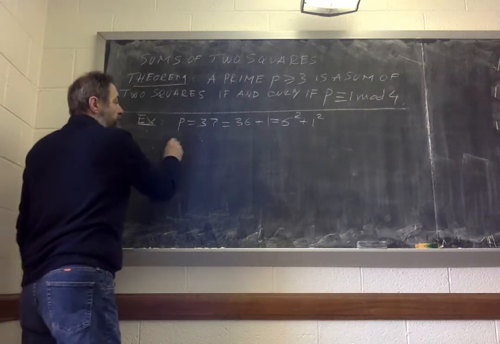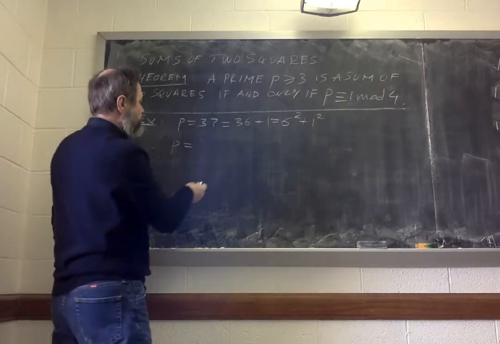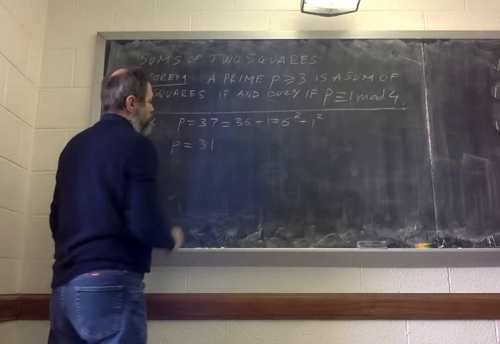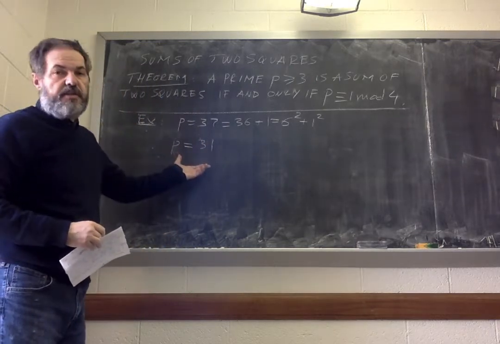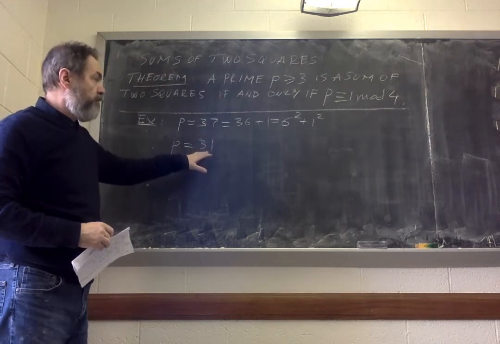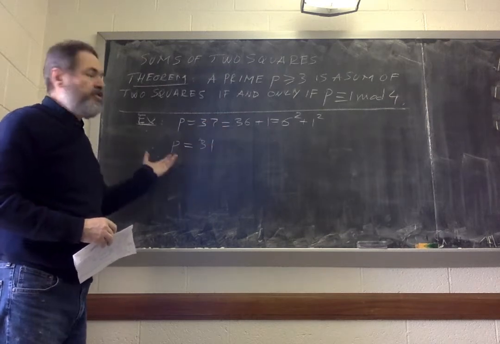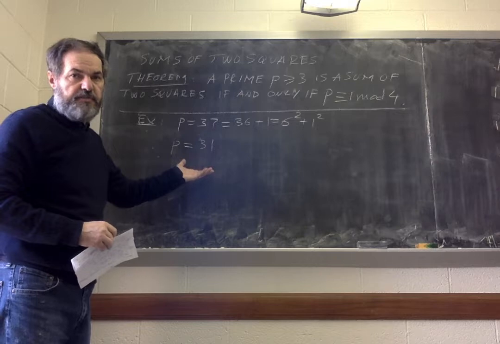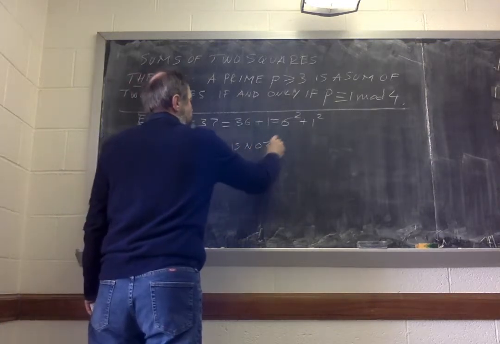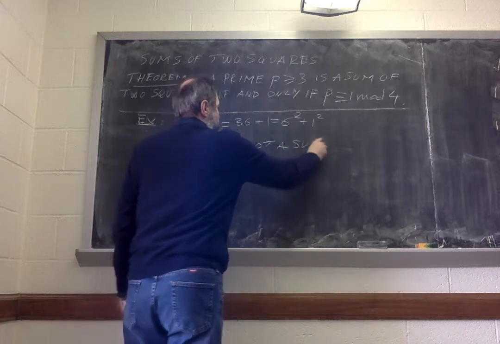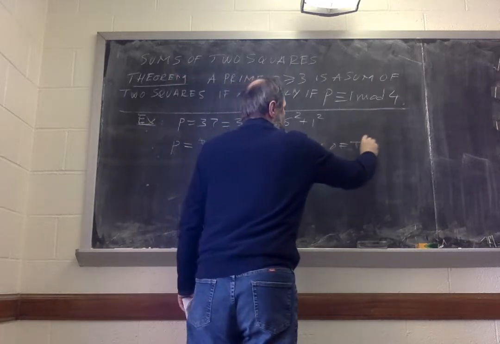But if I have P is 31, another prime, this is a number that's congruent to 3 mod 4, it's not 1 mod 4, so then this number cannot be written as a sum of two squares. So this number is not a sum of two squares.